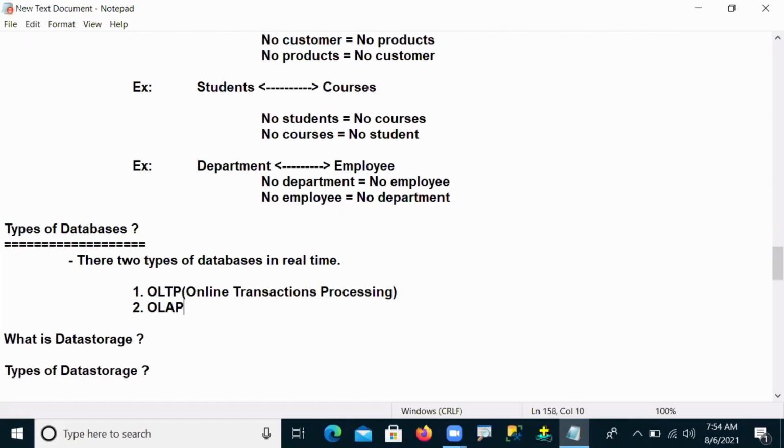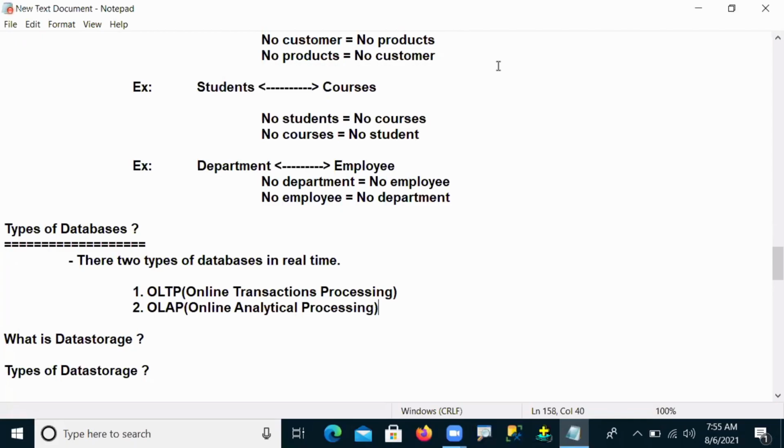OLAP stands for online analytical processing. Now, this is a very important minimum idea and minimum knowledge about our databases, because before you learn any database software and technology, first you have to know how many types of databases are available in the real-time industry.